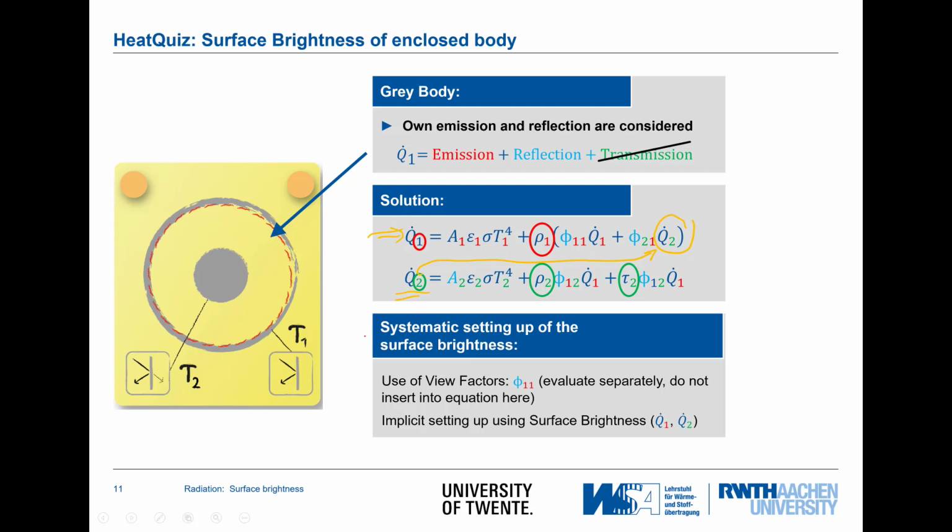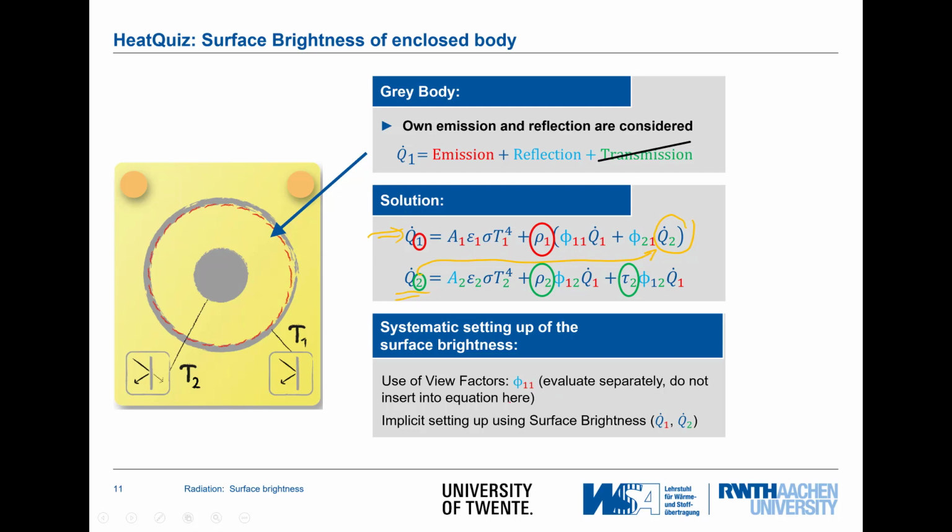So you see, it's important to systematically set this up. So please work exactly as shown here. First write down what is contributing, emission and reflection. Then formulate the corresponding terms. And also do not forget to put the view factors in. As those can be a little bit complicated, I would advise you to always put them here as a placeholder and define them separately.